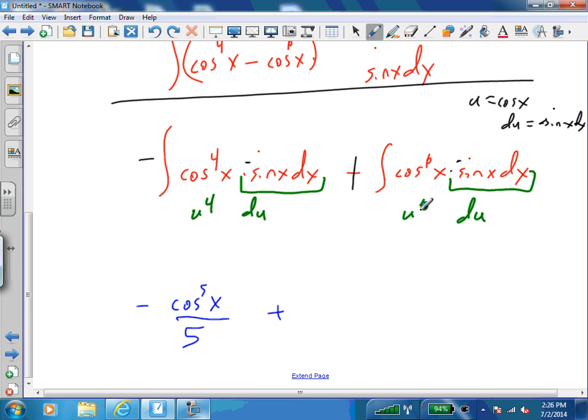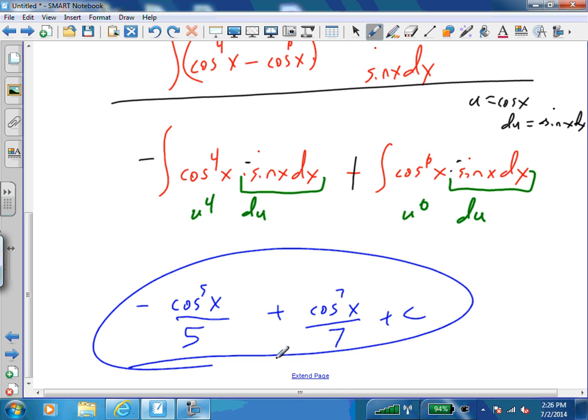This one would be u to the seventh over 7, so cosine to the seventh over 7 plus c. So with an odd number of sines, we're going to keep one of those sines to be our du and change the rest of them to cosines.